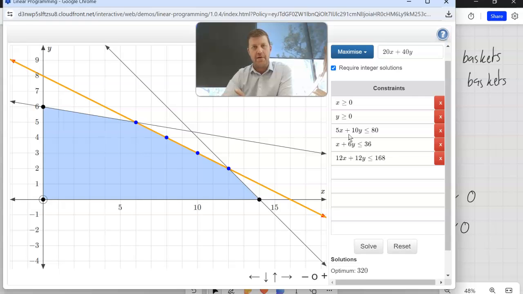Okay, and that's one way of identifying multiple optimal solutions before you even get to the graphing stage. Once you've written your objective function and your constraints in inequality form, you can then see that there are multiple solutions. Okay.